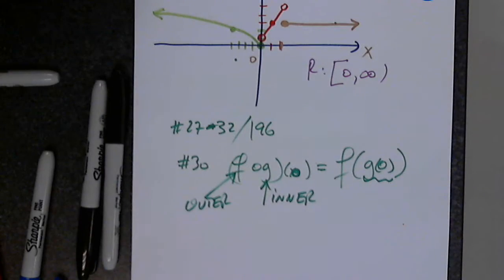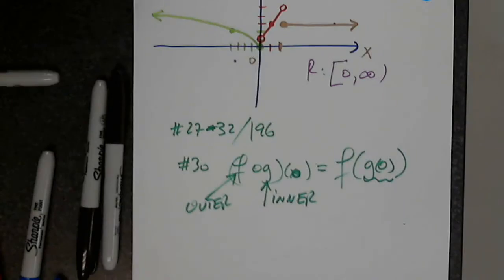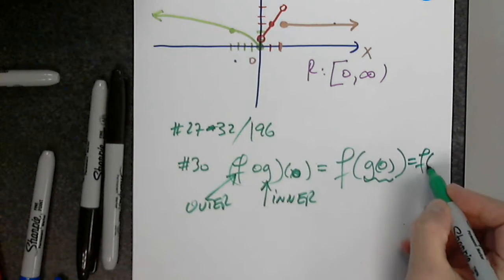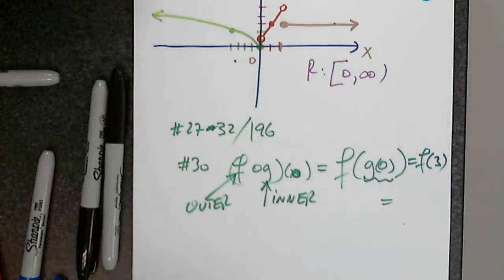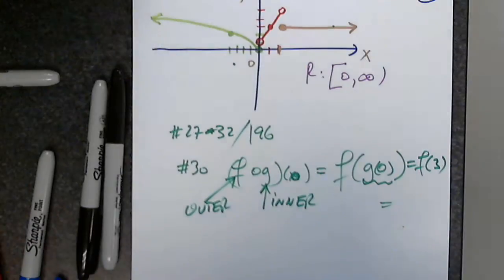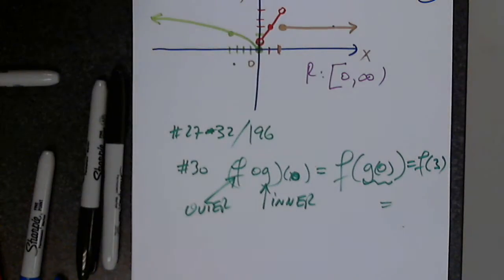Can anyone identify g of 0? G is in blue. 3. Yes, right here. G of 0 is 3. So therefore, we are really asked to find f of 3. So for f of 3, I go back to the red graph, and I identify f of 3. How much is that? 0. And that is 0.